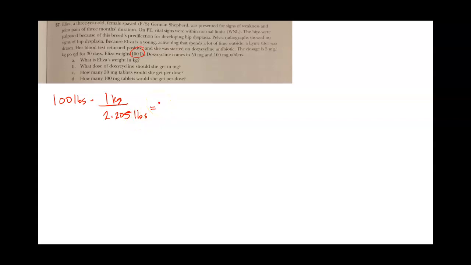All right, now let's take 100 and then divide it by 2.205. And this gives you 45.351. And notice that the pounds cancel, so our units are going to be in kilograms. Okay, that's going to be part A.